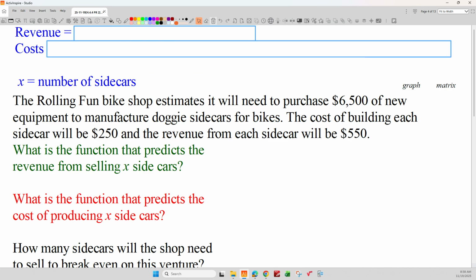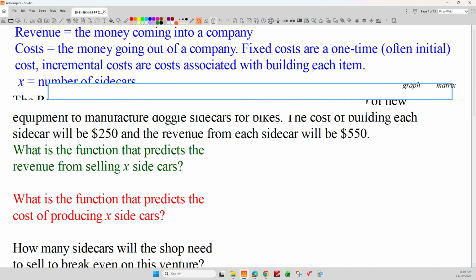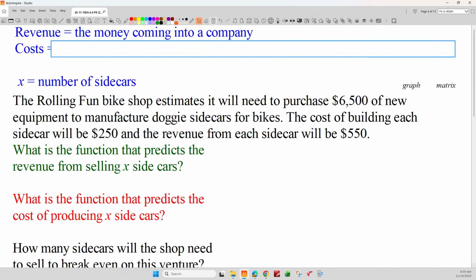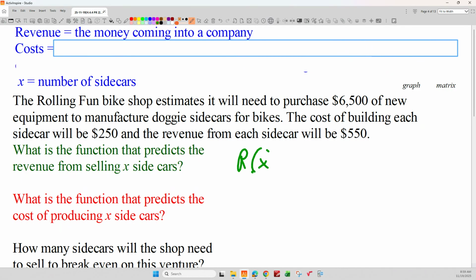Okay, so we got a revenue function. I guess we have to write that one down. So the revenue function, we'll call it R of x, is 550x.